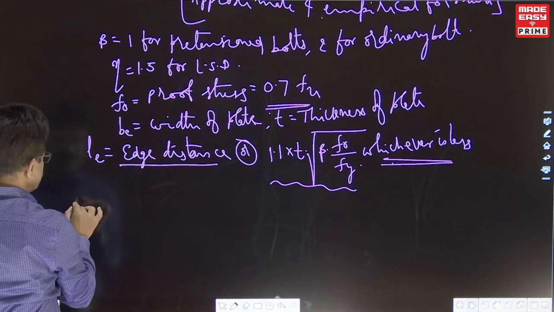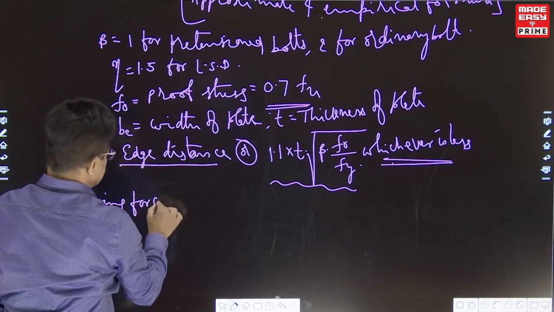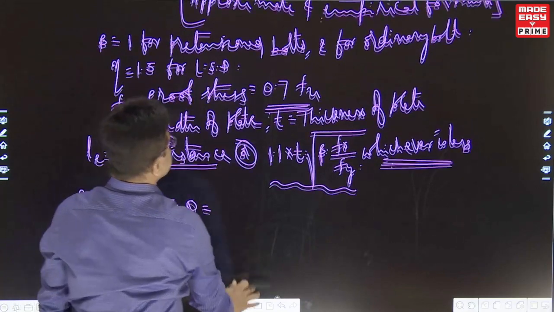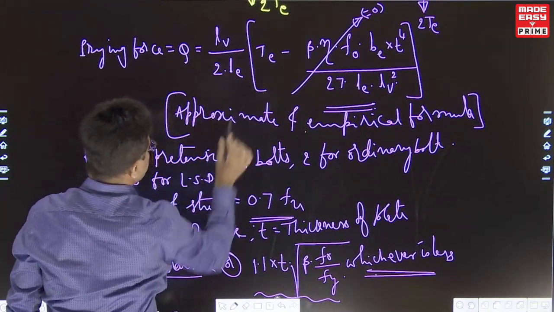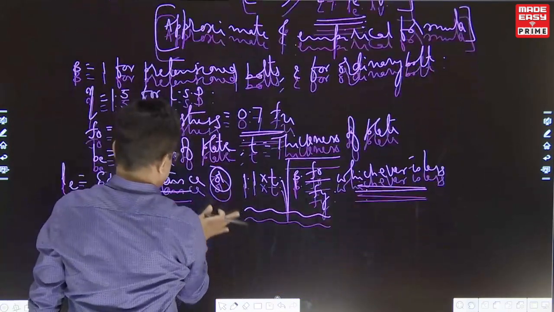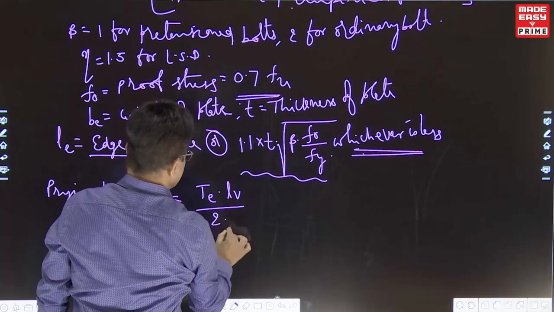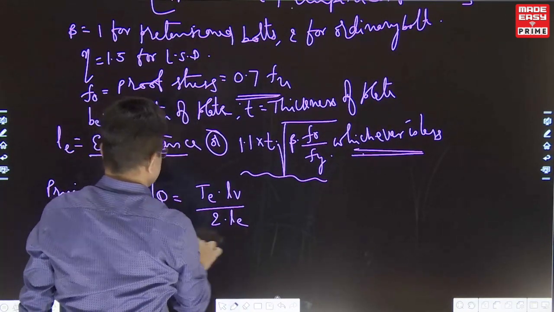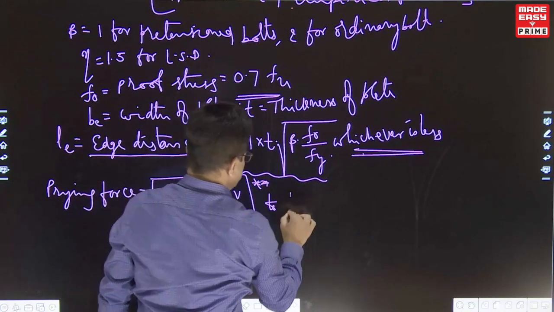So prying force Q is equal to, by removing this one, you will get TE into LV by 2LE. This you have to remember.